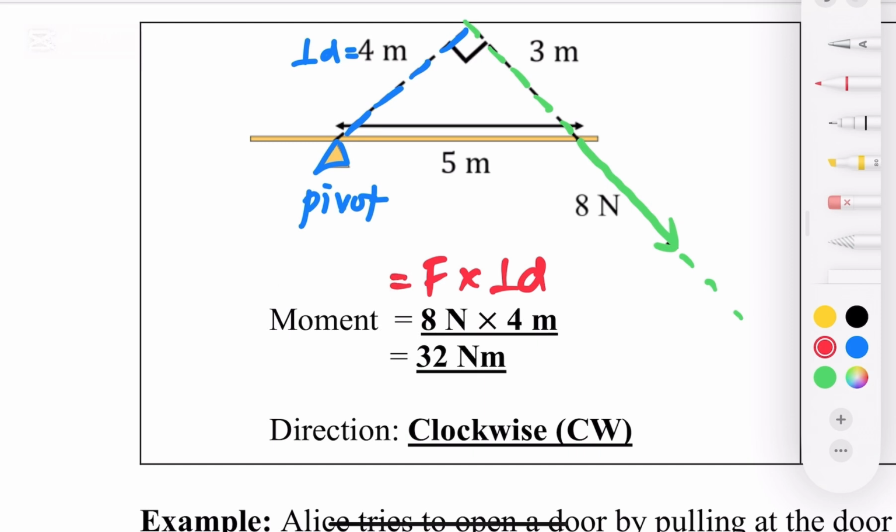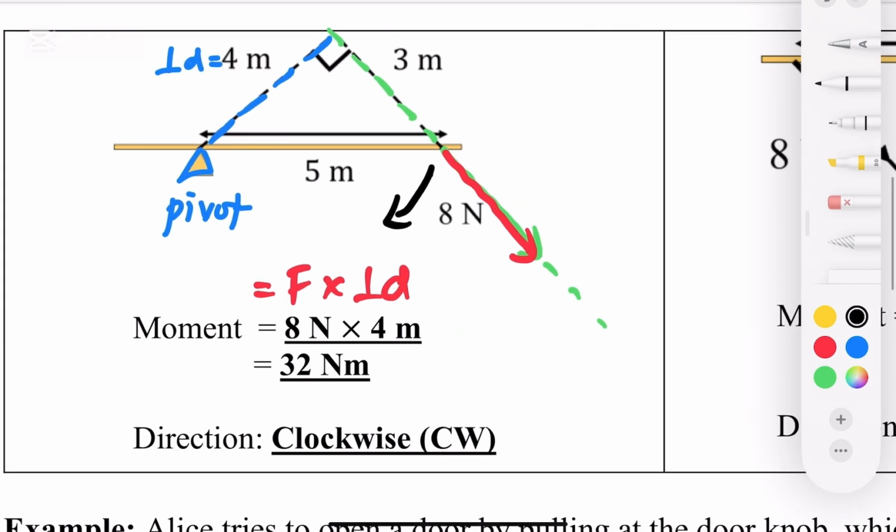How do we tell whether it is clockwise or anti-clockwise? Very simple. Again, you visualize how the rod is going to rotate. With the force going in this way, you can imagine the rod is going to rotate in this way. So it's going to be clockwise.